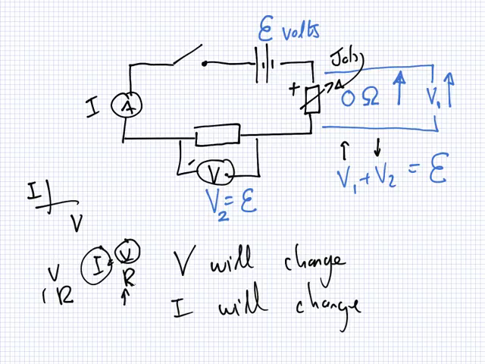But how the R changes depends on the resistor. Some resistors the R changes a little bit, and some resistors it changes a lot. The total voltage is the same, right? Yeah, but the V in the formula, we're just looking here at this V and this I and this R.